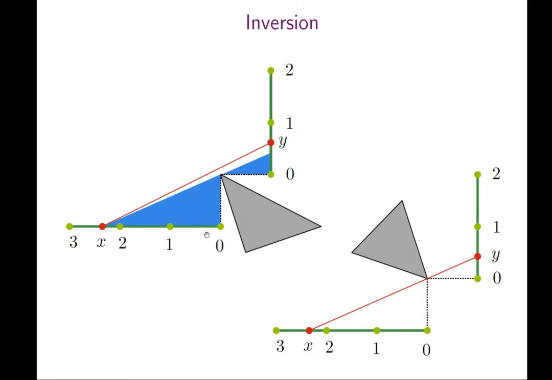We want to encode maybe a variable in a horizontal and a vertical way, so we need turns, and then this is a very simple inversion gadget. You can see if the things would be tight, then you would see that x is the inverse of y, or y is the inverse of x.